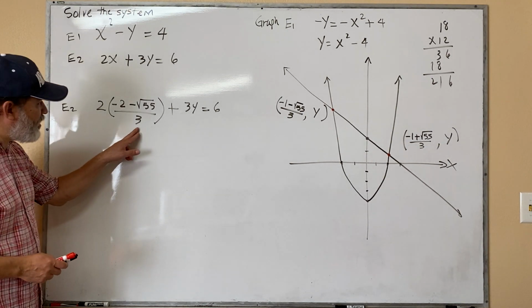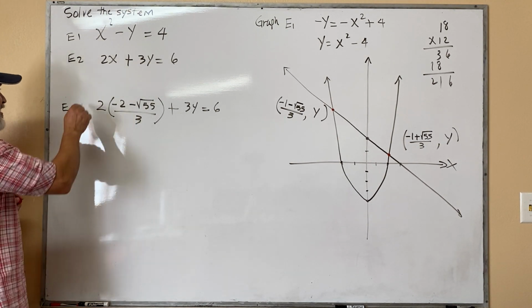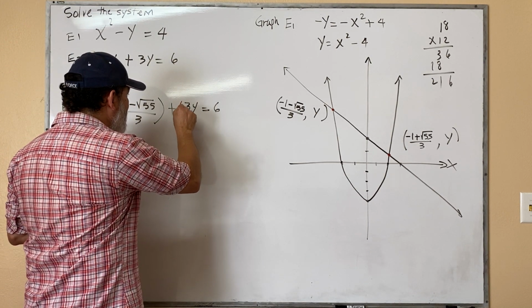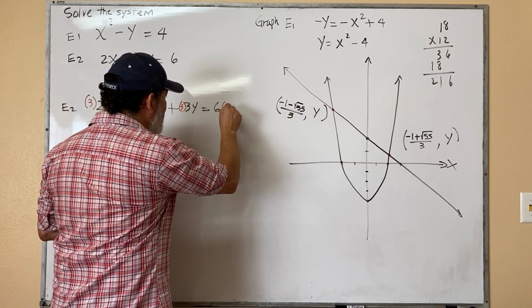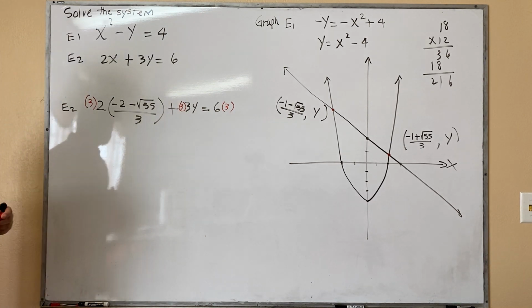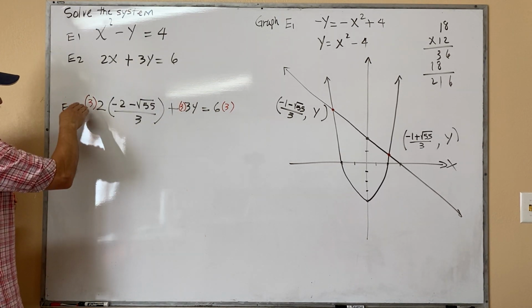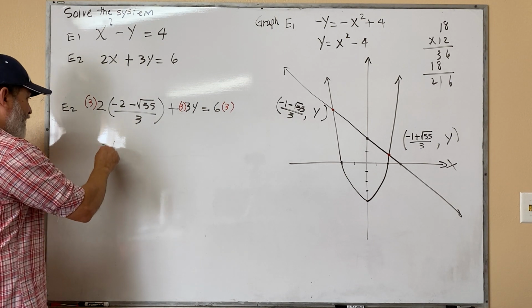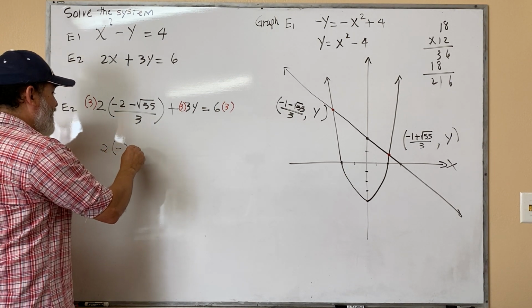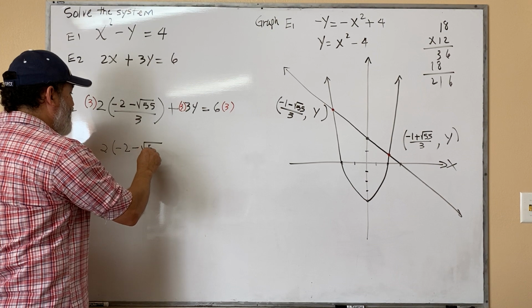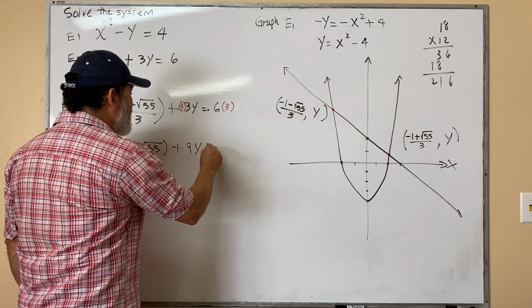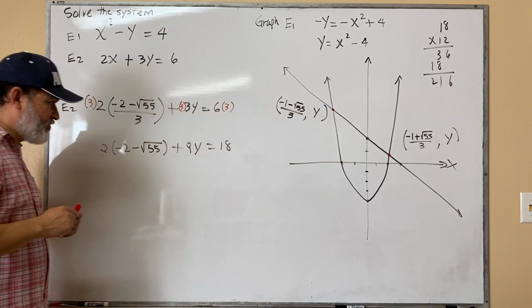Listen, I can get rid of this 3 by multiplying this by 3, multiply this by 3, and multiply this by 3. This 3 is going to cancel that 3. And you're going to get 2 times negative 2 minus the square root of 55 plus 9y equals 18.